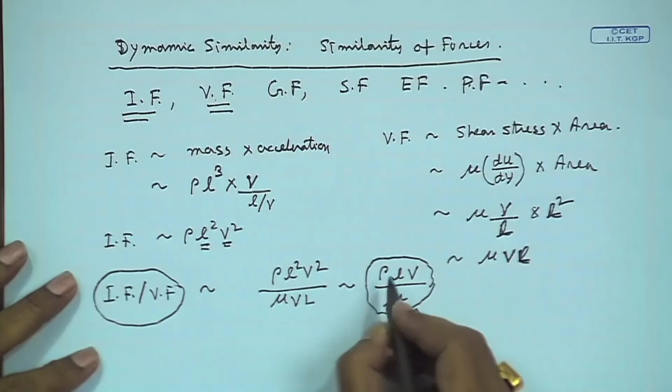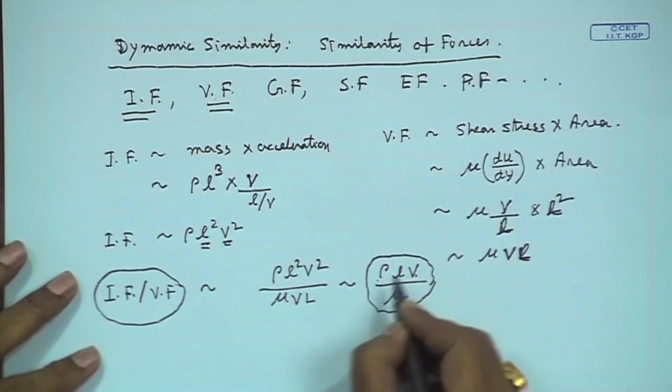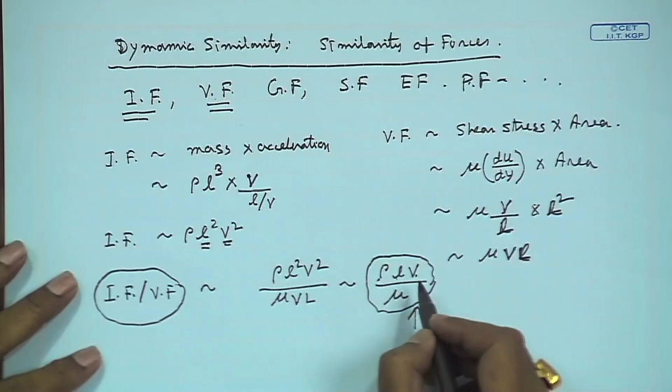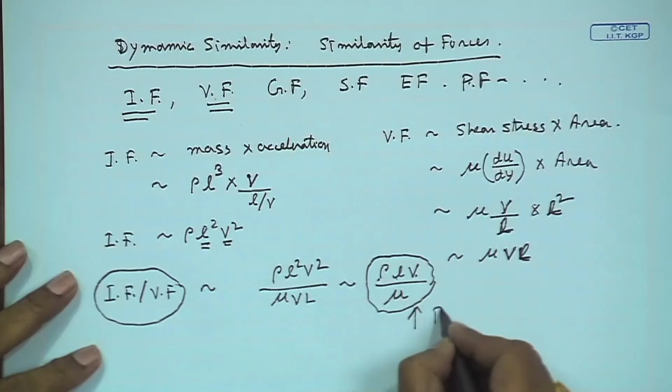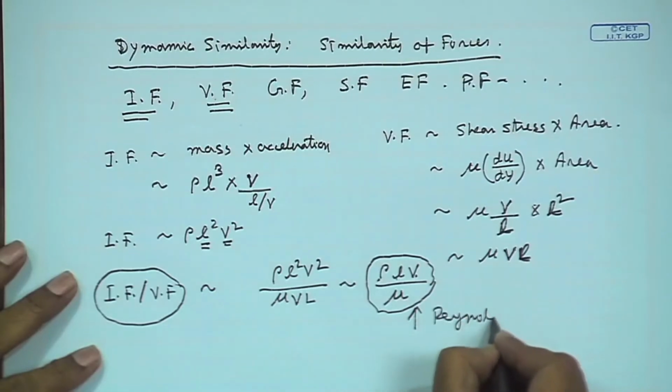The combination rho L V by mu, where rho is the density of the fluid, L is the characteristic geometrical dimension, V is the characteristic velocity and mu is the viscosity, is known as the Reynolds number.